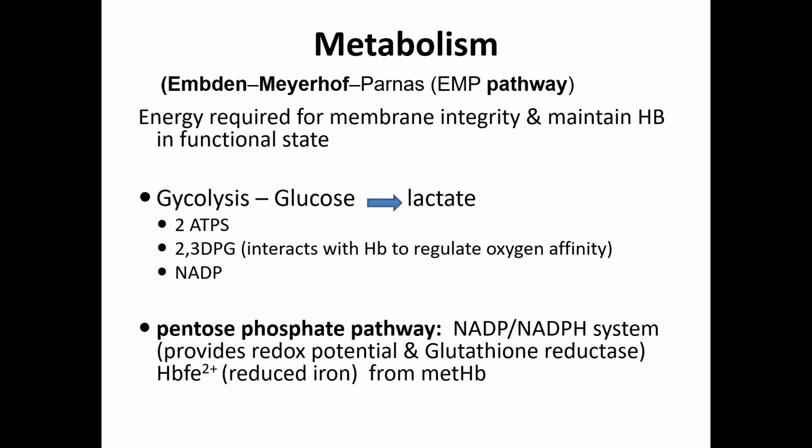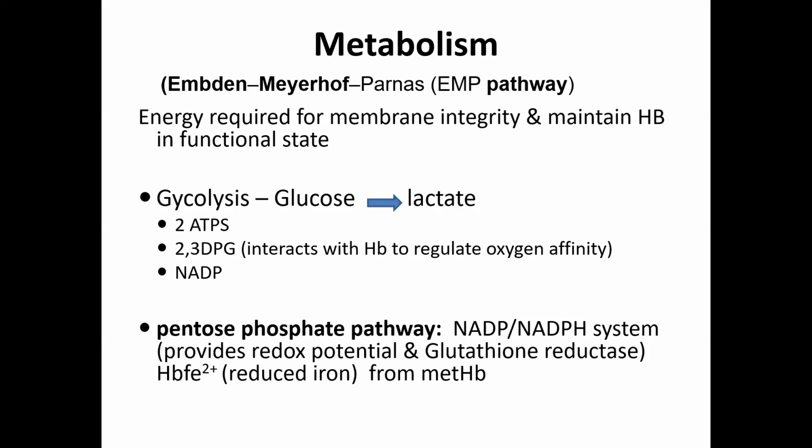then that will also affect the lifespan of the red cell. Now, there is the Embden-Meyerhof-Parnas, often just called the Embden-Meyerhof pathway. And this is the pathway that gives the energy required for membrane integrity and to maintain hemoglobin in a functional state.